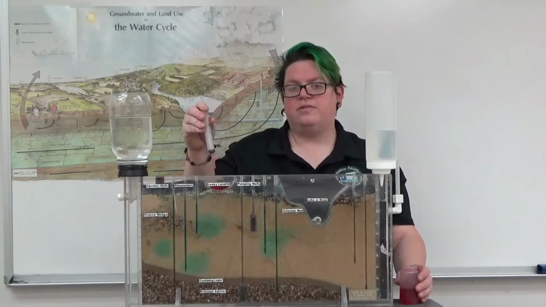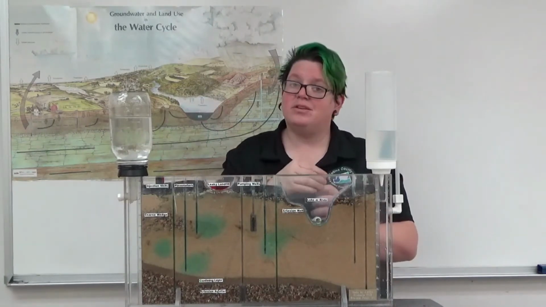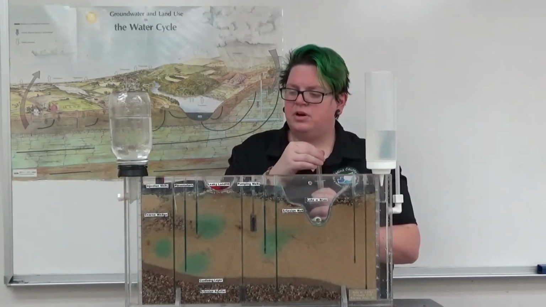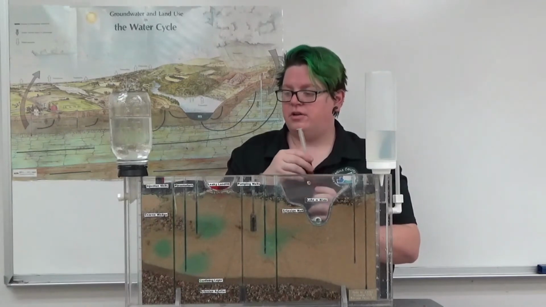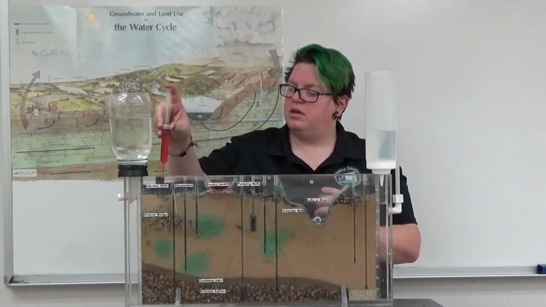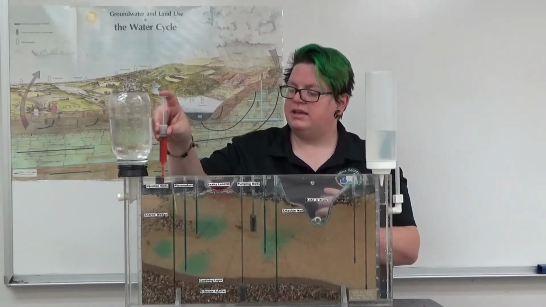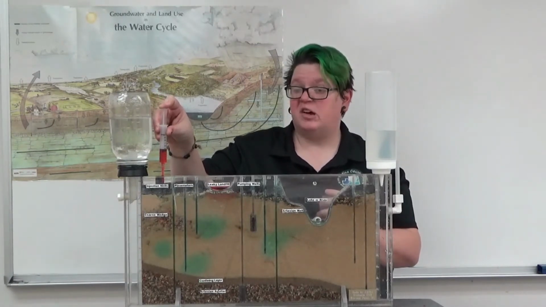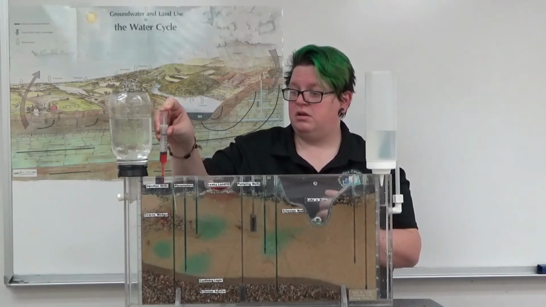So this is a landfill that has holes, that hasn't been sealed properly, and we're going to see where that water starts to go to. I'm also going to put some down into here too, and this could represent if somebody had a leaky septic or something along those lines where the pollution is getting down into the ground.